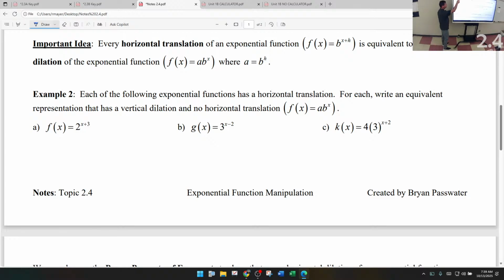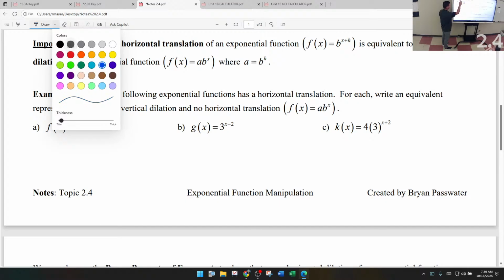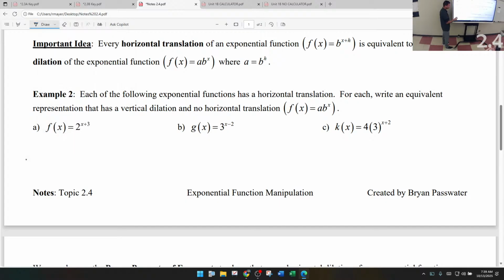So this is 2 to the x plus 3. So I'm going to change this to 2 to the x times 2 to the third. If I say 2 to the x times 2 to the third, this is what you guys did your whole mathematical career. Rewrite that. That would be 2 to the 3 plus x, or x plus 3.